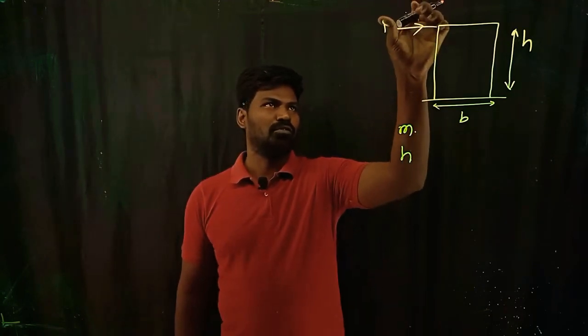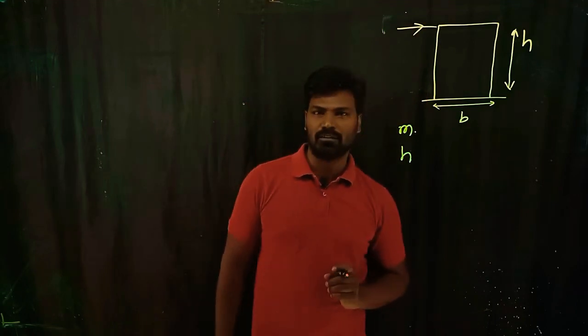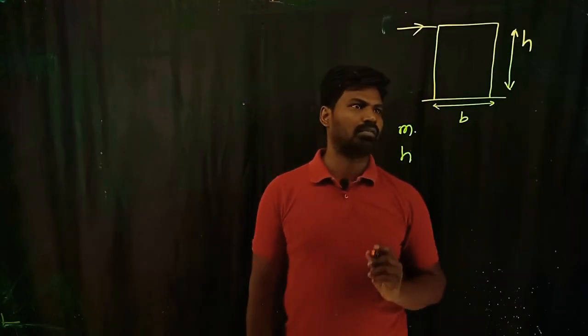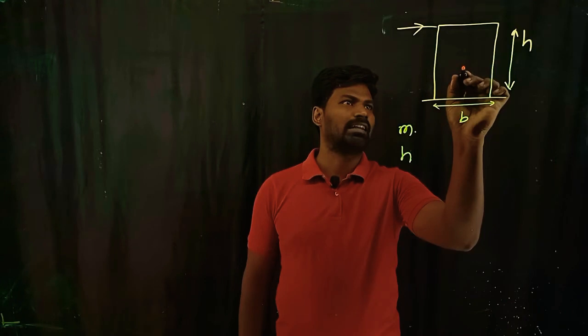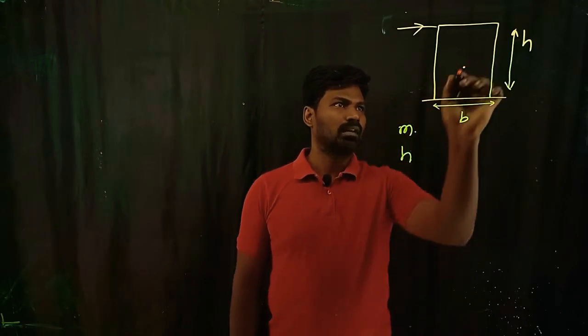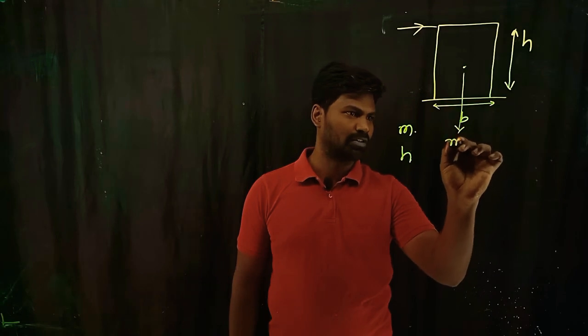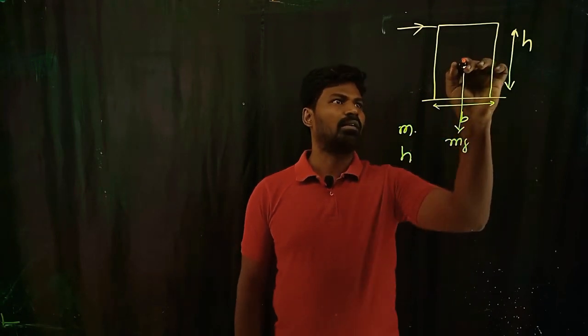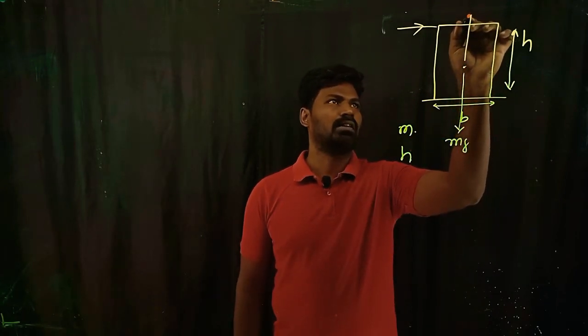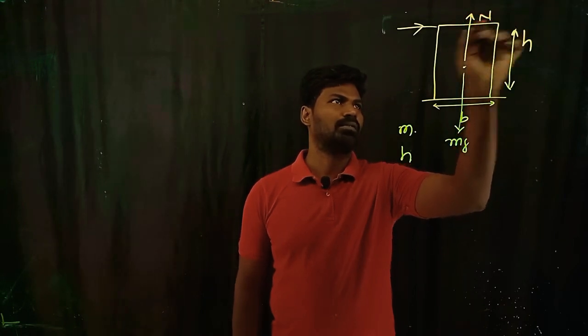Before applying this force, if you look at the free body diagram of this block, what are the forces acting on this block? Gravitational force mg will act vertically downward, and normal reaction will act vertically upward.